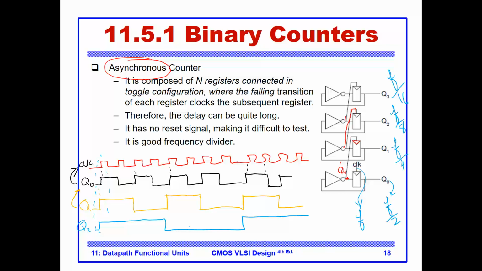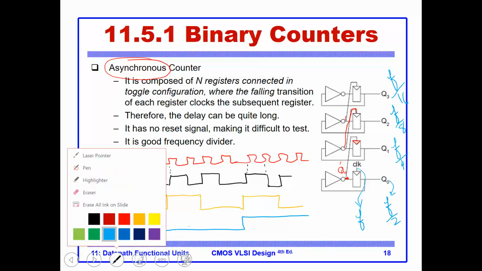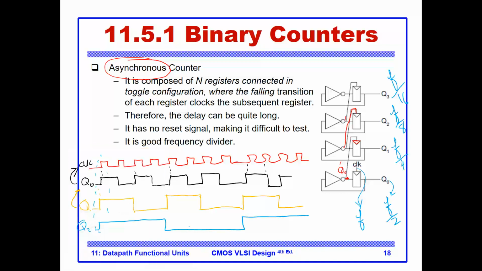Okay, what do you mean by frequency? Well, look at the period of Q2, for instance. How many clock periods does it span? Well, it spans 1, 2, 3, 4, 5, 6, 7, and 8. So eight periods of the clock.